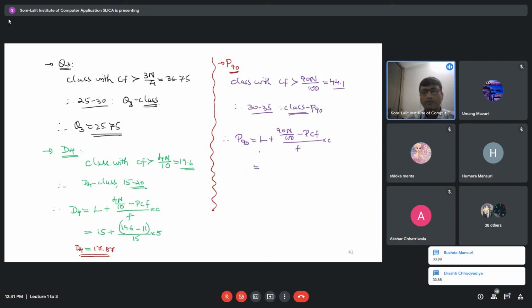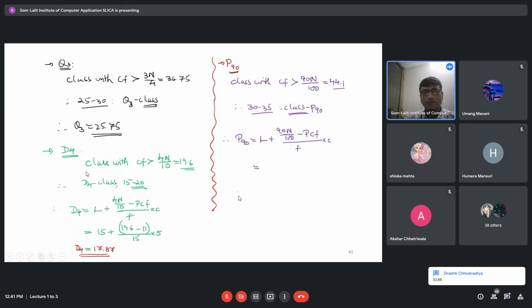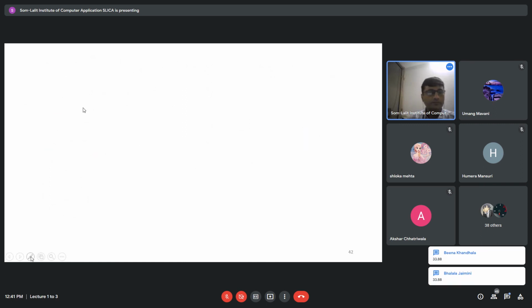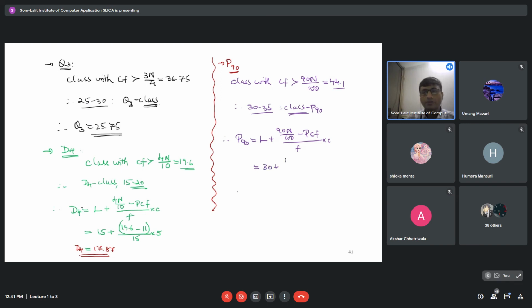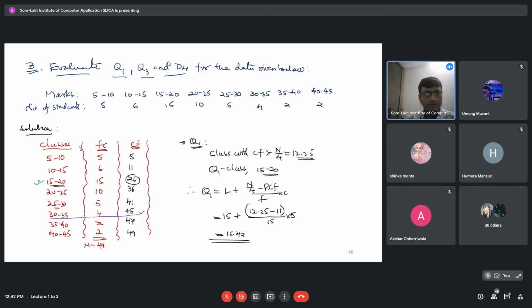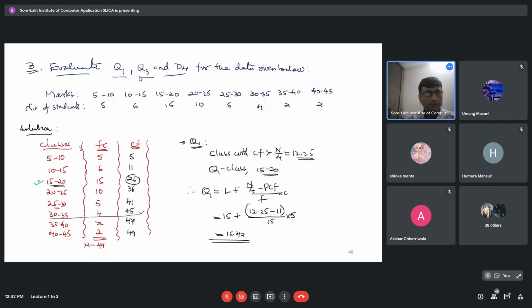What is the lower limit here? Lower limit is 30, no? Yes, so this is 30. So this is just 30 plus this one you did, which is 44.1 minus PCF. Preceding cumulative frequency, how much? 41. And what is the frequency? That is just 4. Into C. What is C? It is 5.